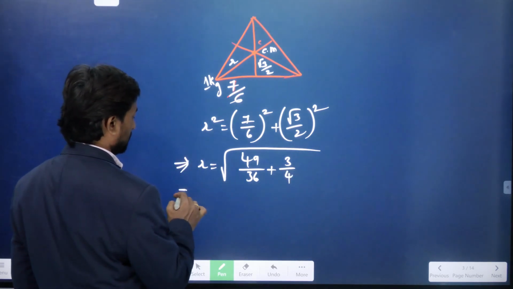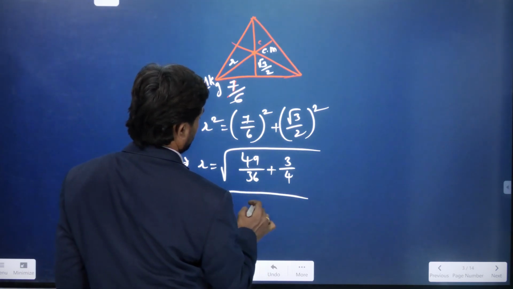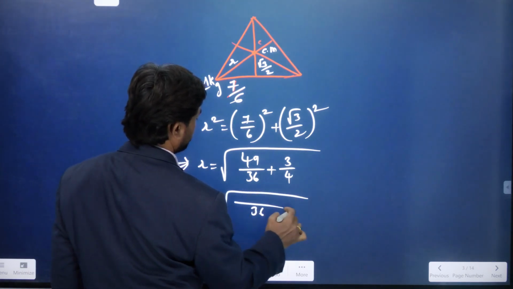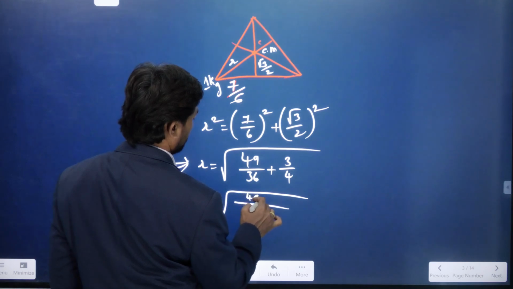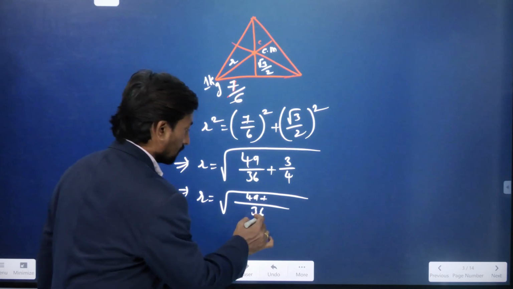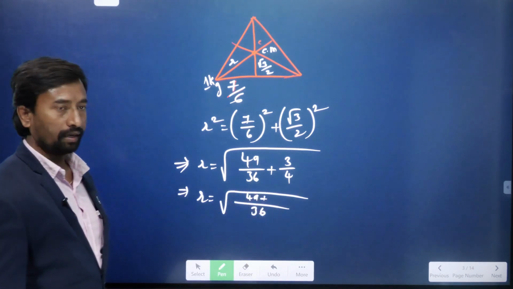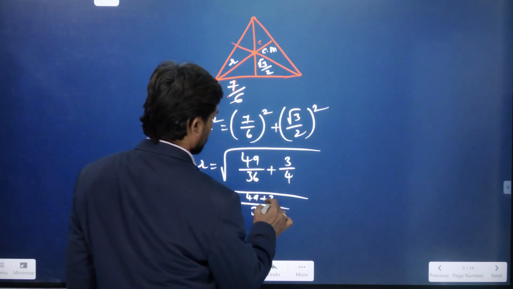Now simplify this one. If we simplify, how much do we get there? So 36 will be the LCM. So 49 will come here plus 9 will come now. 9 times 3 is 27.